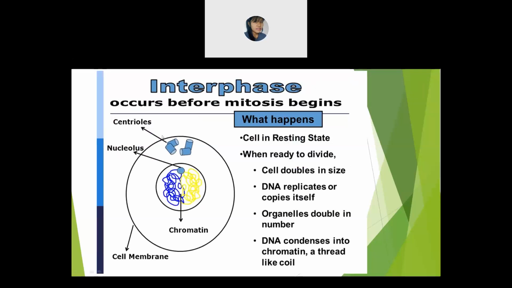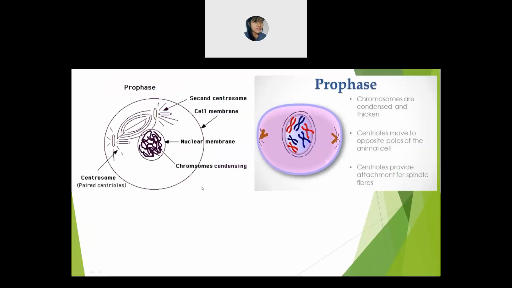Before, where were the centrioles? Here, isn't it? Together, they were together in the interphase. But in the prophase, they will separate now, in opposite sides. One this side and the other one this side. So the centrioles will move apart from each other.